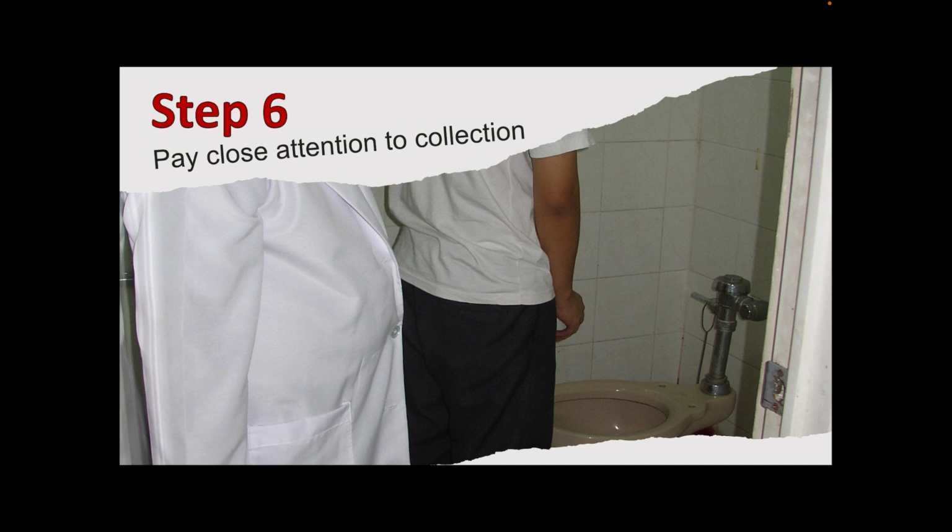Take note that this step, specimen collection, is considered the weakest link of the drug testing program. Let me just emphasize that one: specimen collection is the weakest link of the drug testing program. That's why all efforts must be made to make the collection legally, forensically, and technically defensible.